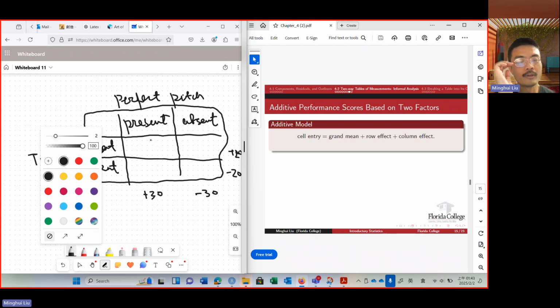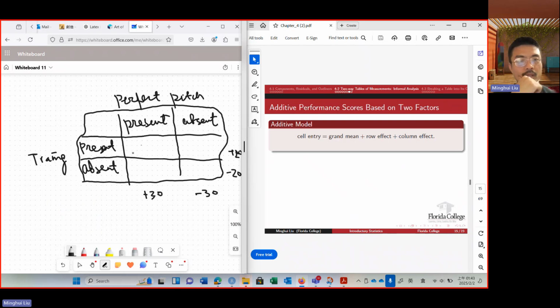First of all, for the person with perfect pitch and training, we start with 100 and add 30 points because of the perfect pitch and another 20 points because of the training. We end up with 150. Now, the next group is those people who don't have perfect pitch but have training.